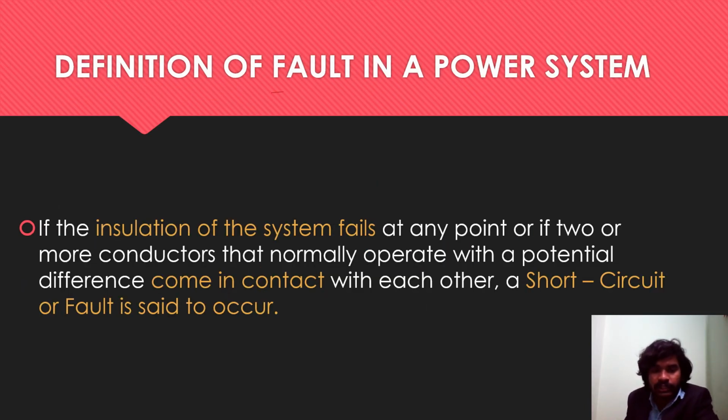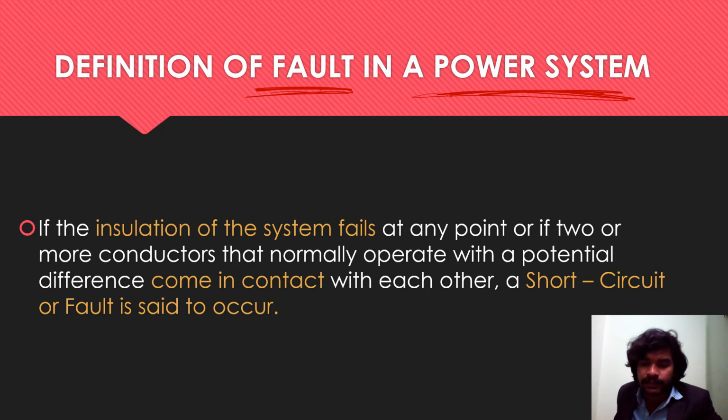Now we will talk about the definition of fault with respect to our power system. What is our power system? It's a very big system having a generating station, transmission lines, distribution lines, utilization, and all these things. So with respect to the power system, how can we define a fault? This is the definition of fault. Let me read it out.